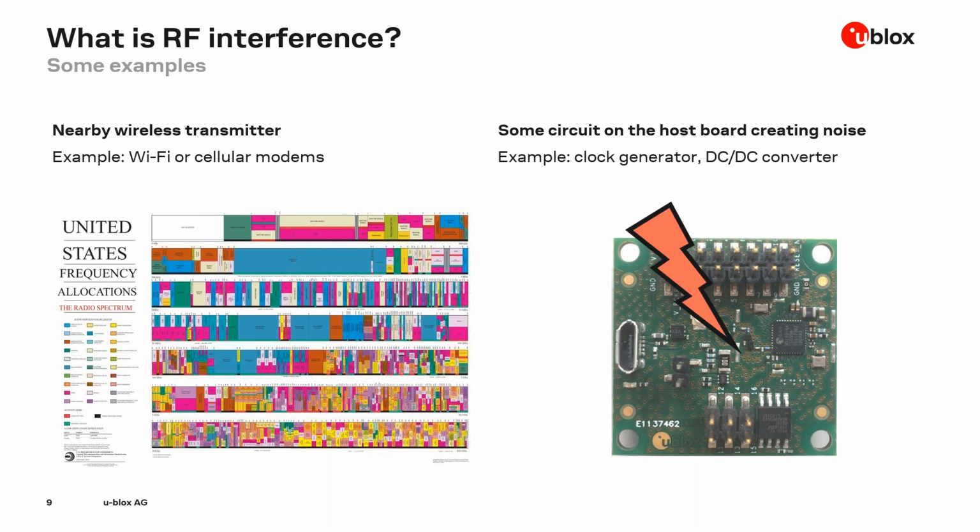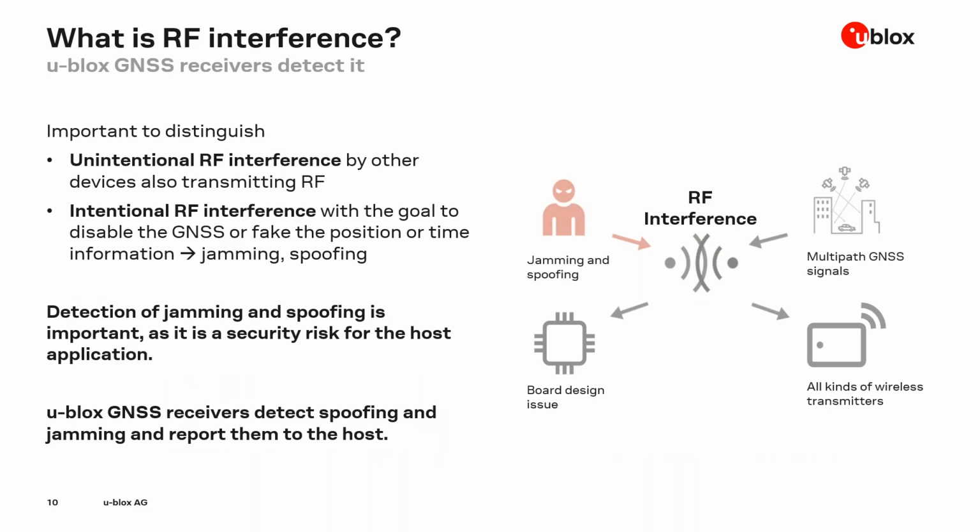So how can we then distinguish this? We see on the next slide between different type of RF interference. And there's on the right hand side again a small picture there, different type of RF interference.